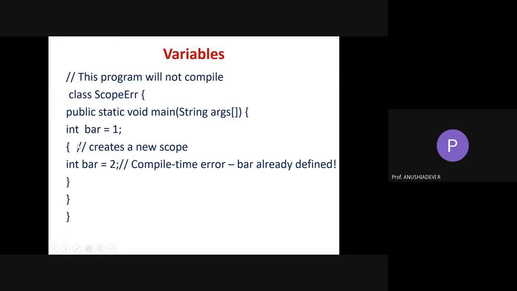Outside of the block I have declared one variable called bar, and inside the block I have also declared one variable with the same name bar. So this won't be accepted in Java, but this will compile perfectly in C++. C++ allows this, but Java won't allow this type of declaration.